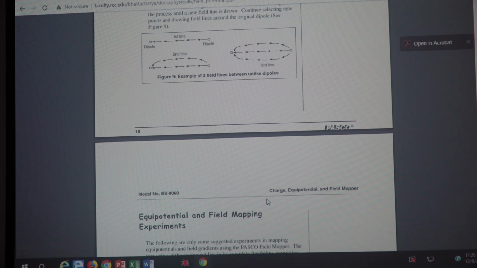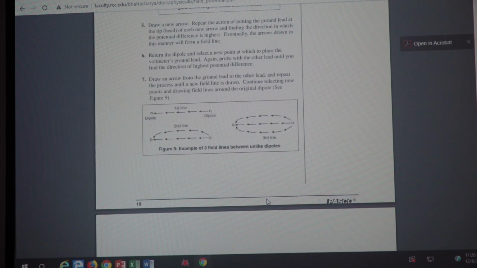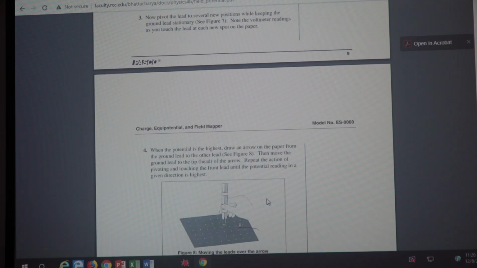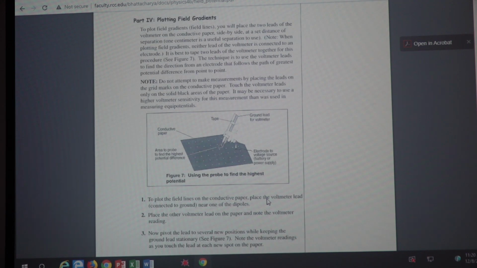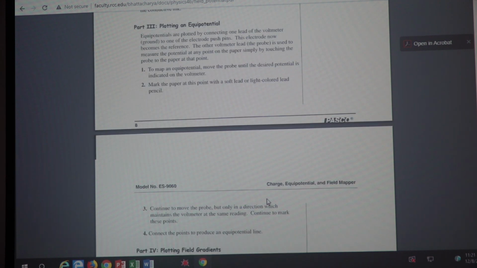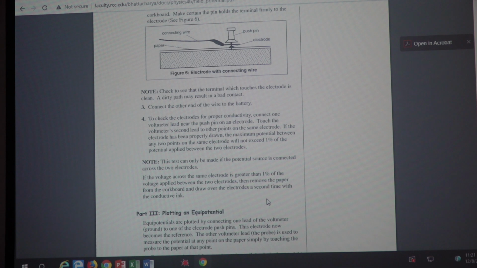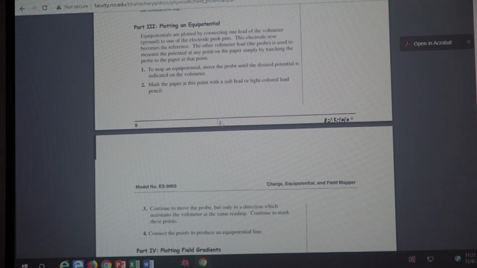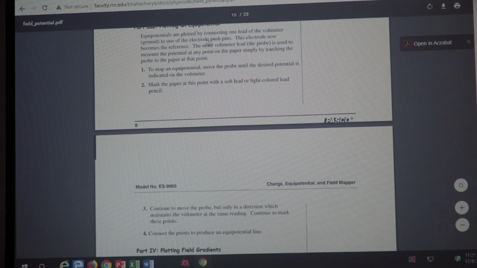Okay, so let me just look here, plotting field gradients. Sorry, one second. Equipotentials are plotted by connecting one lead of the voltmeter to one of the electrode push pins.